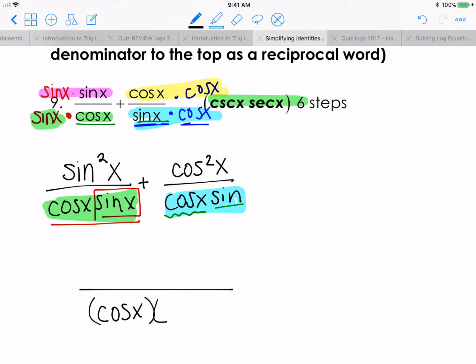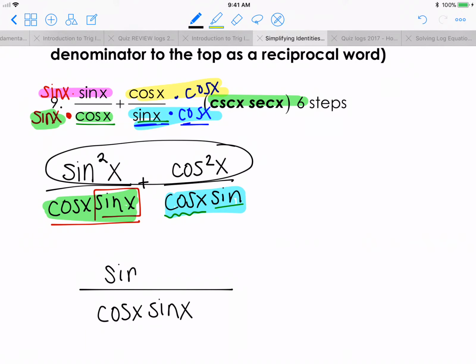So we have cosine of x times sine of x, and we do not need those parentheses there. I'm just going to rewrite it without them. Okay, and so what do we have in the numerator? Well, we have sine squared x plus cosine squared x.